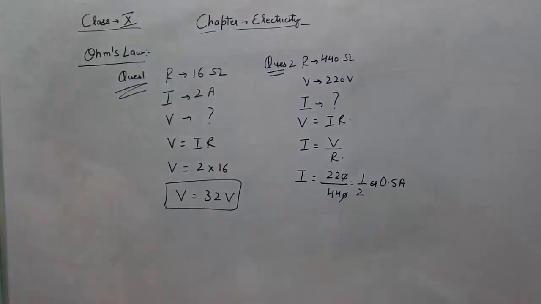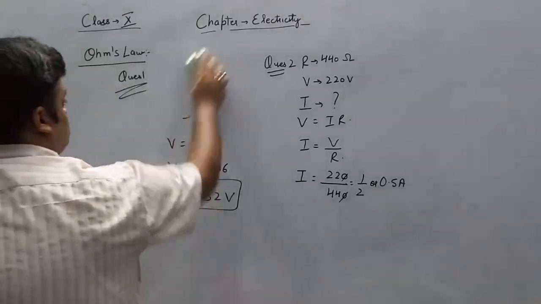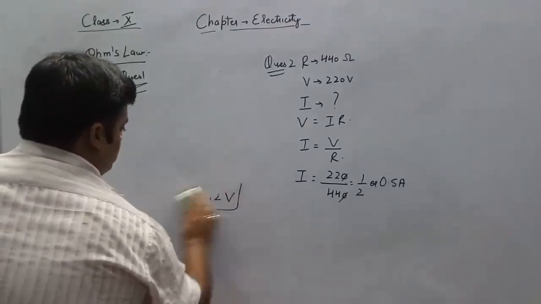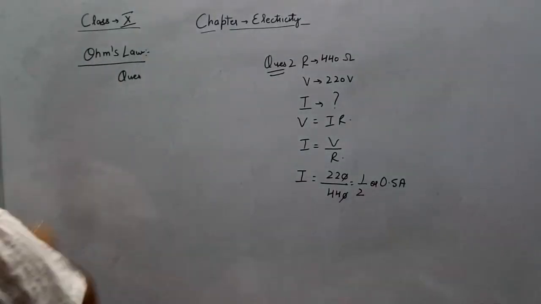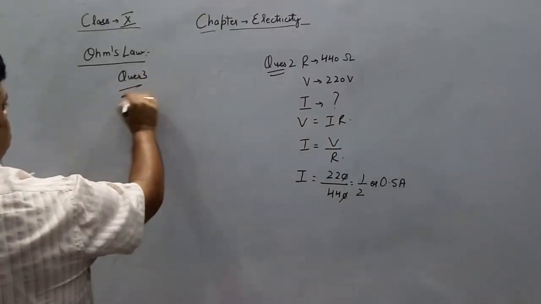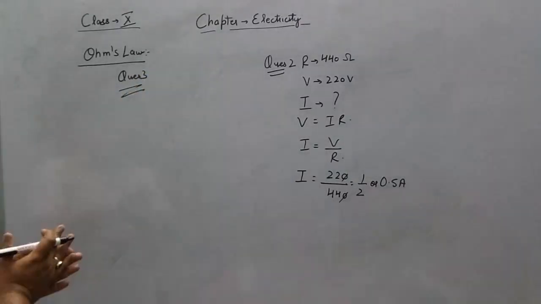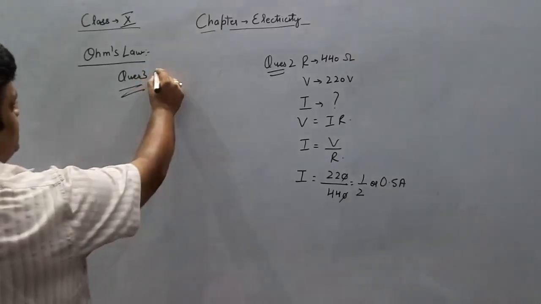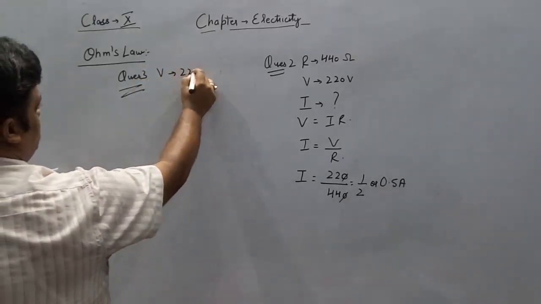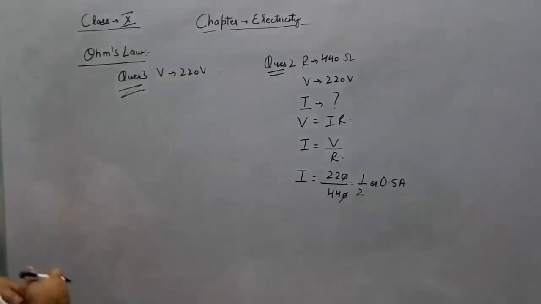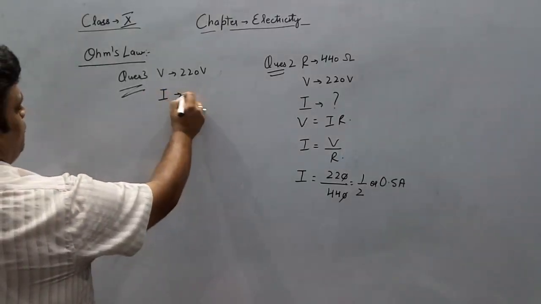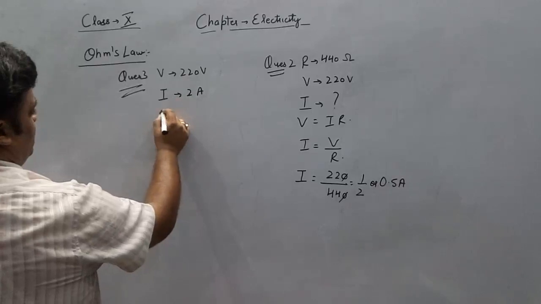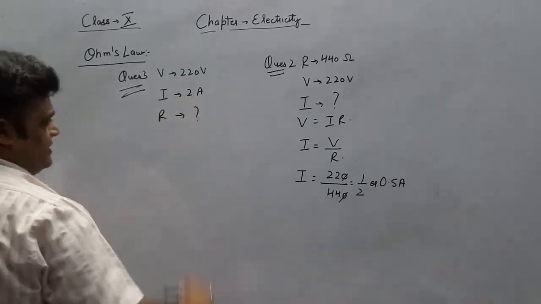One more condition is there. We'll take one more question. Potential difference across two ends is 220 volts, and current traveling in the wire is 2 ampere. We have to calculate resistance.